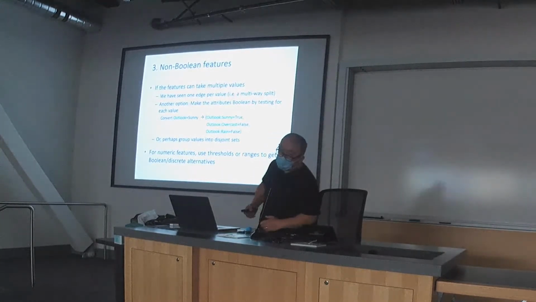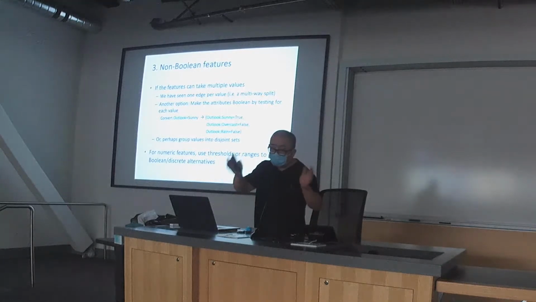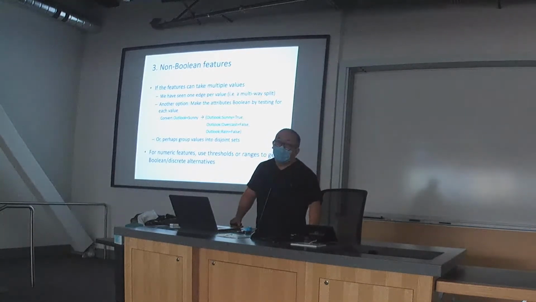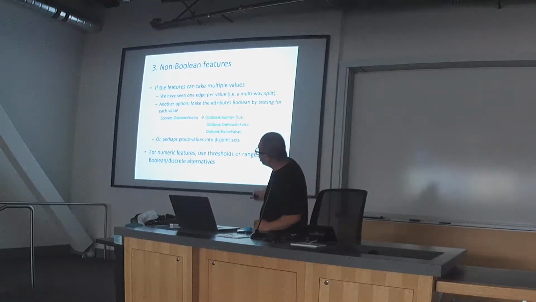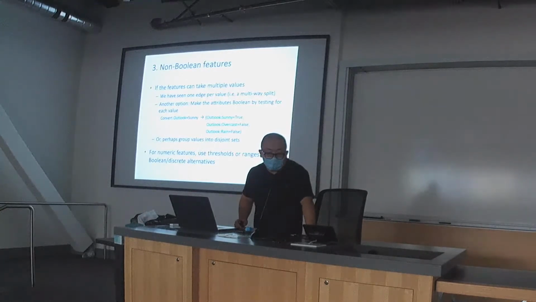Or you can just bin them. You discretize them into different bins, and then you either get a categorical feature, or a new binary feature for whether the height falls in this bin or not. Those are the commonly used strategies to deal with non-Boolean features.